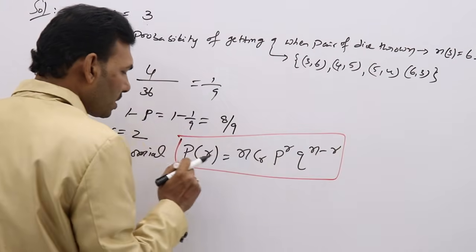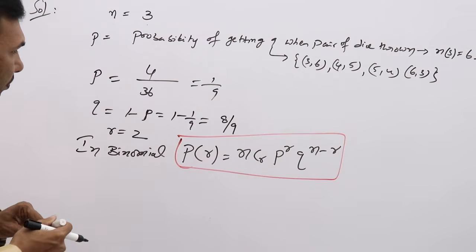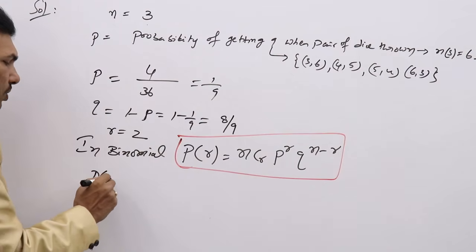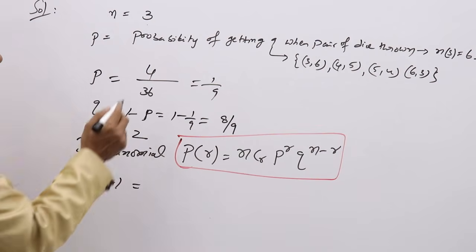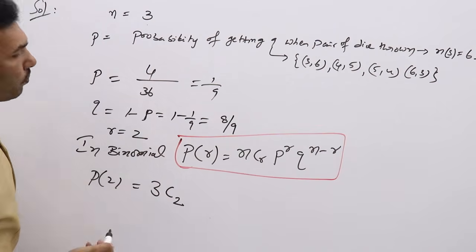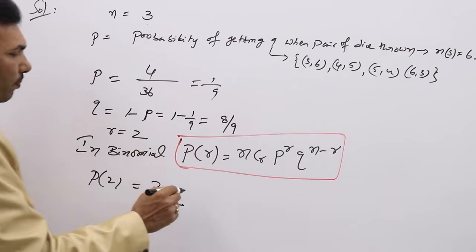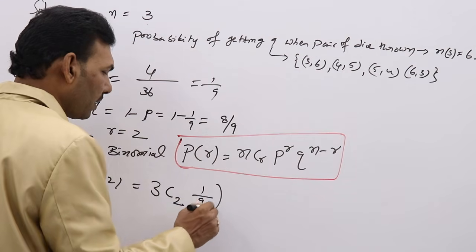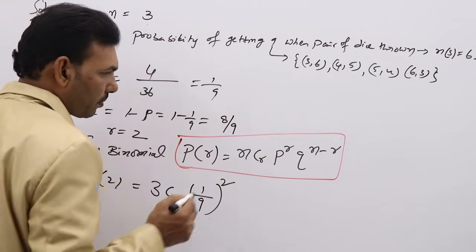So using this formula, probability of 2 successes we need. N we have 3, C 2. P we know 1 by 9 whole square.